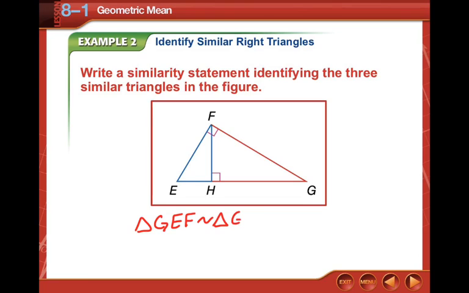So that means G needs to go first. For our second angle, E is the other angle we used. That's the second angle for the first triangle, and it's the one that's not a right angle, which means whichever one is not the right angle for our other triangle, the red triangle, is our next angle.